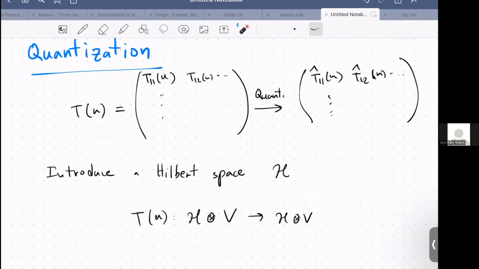So T1 and T12, do these map to the same Hilbert space H? Yes, all of them. Oh, okay, then it's clear. They all act on the same Hilbert space, and the codomain is the same Hilbert space. And by Hilbert space, you mean just an L2 space, right? Yes. Okay, thank you.